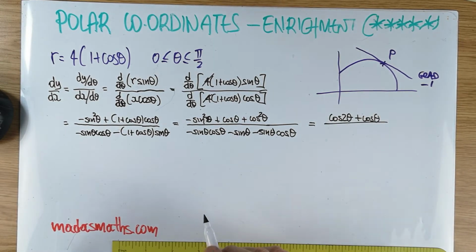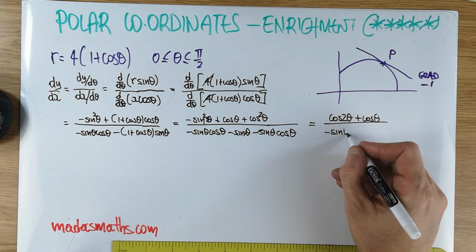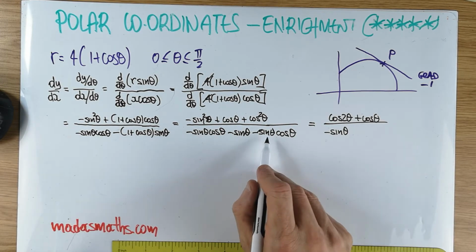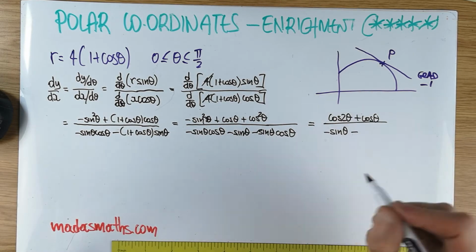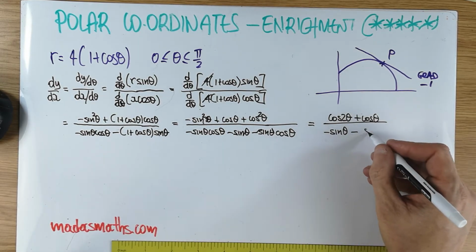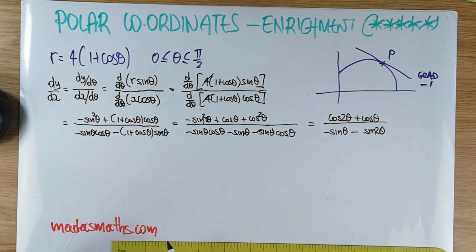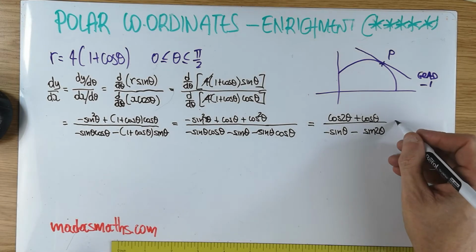And at the bottom, I'm going to get a minus sine theta from here. And I got 2 negative lots of this, but this will now be a sine of 2 theta identity. That's 2 sine theta cos theta. Okay, and of course that is equal to minus 1. So let's set it equal to minus 1 now.